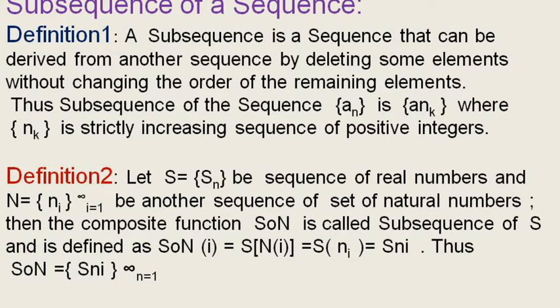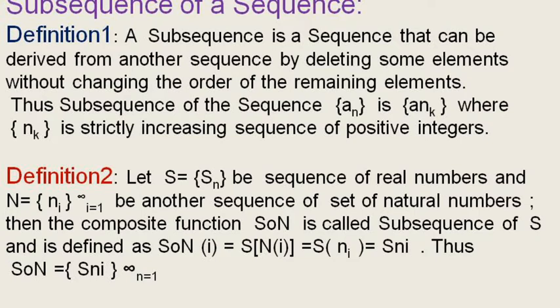Another definition of subsequence is: let S is equal to Sn be a sequence of real numbers and n is equal to ni, i is equal to 1 to infinity be another sequence of natural numbers.